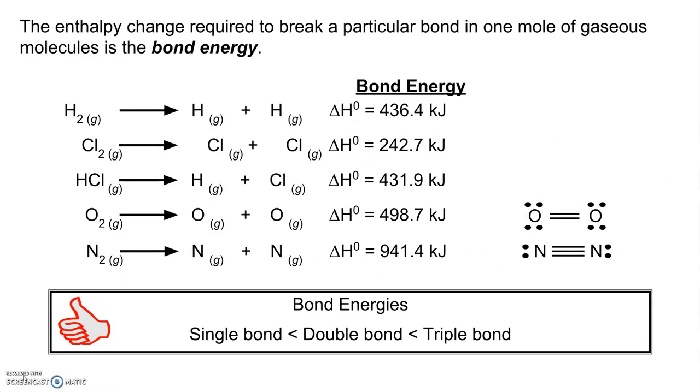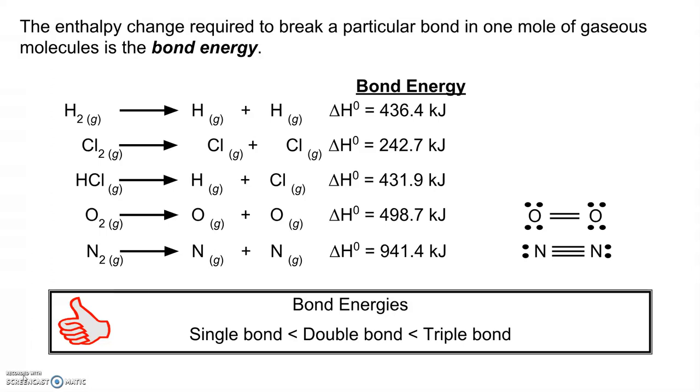All right, so let's look at our bond energy. Remember, we're always looking at the lowest possible energy when creating a molecule. And remember, it takes more energy to break a bond than make a bond. So if you look at the bond energy values that are given in this table, in terms of a single, a double, and a triple bond, remember earlier we were looking at that a triple bond has a smaller value in terms of the radius than the single bond?